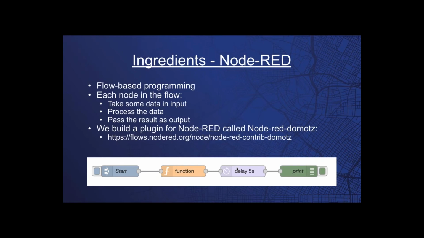In a previous webinar, we also presented the plugin that we built for Node-RED. It's a plugin that gives you a Domotz node inside Node-RED that helps you easily call the Domotz public API. You can find the details and how to install the plugin at this link.